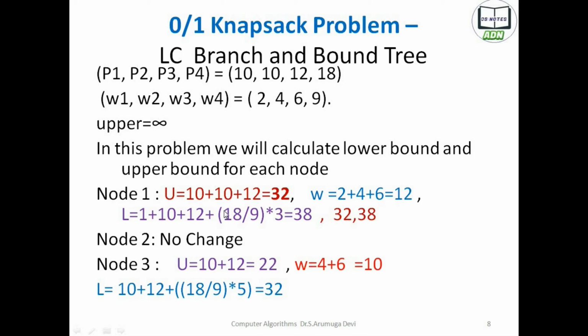So for the first node, for the upper bound, we are not considering the fraction value. The upper bound is 32 and the lower bound is 38. Since this is a maximize problem but branch and bound is a minimization problem, you change the sign: minus 32, minus 38.